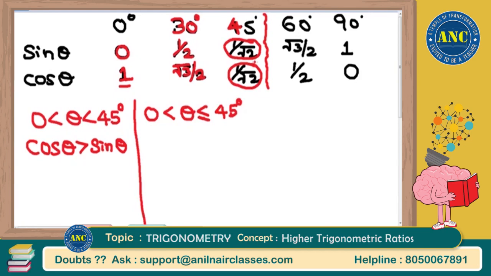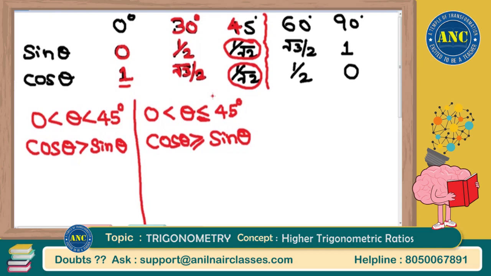That means for any angle less than 45 degrees, cos theta will be greater than sin theta, but when it becomes equal to 45 degrees, cos theta and sin theta both become equal. I believe that it is clear once again. So 0 less than theta less than 45 degrees, cos theta will be greater than sin theta, right?